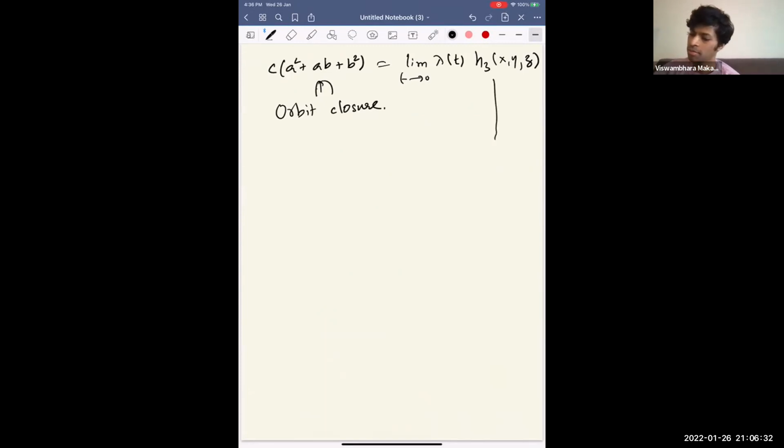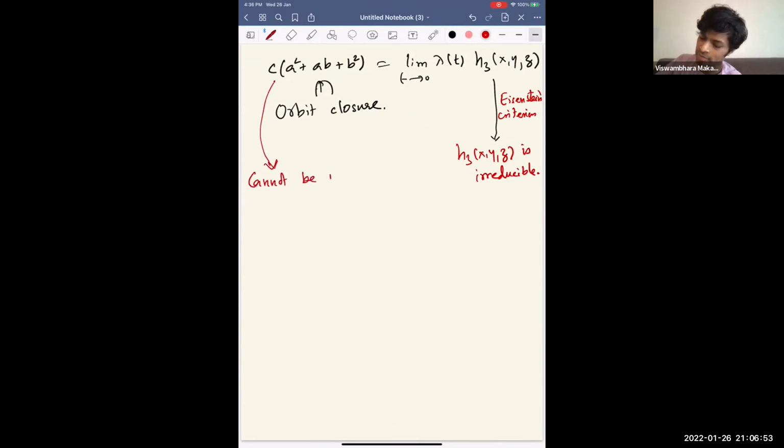But then I claim if you use Eisenstein's criterion, you will get that H3 is irreducible, which means this guy cannot be in the orbit, because it is reducible.